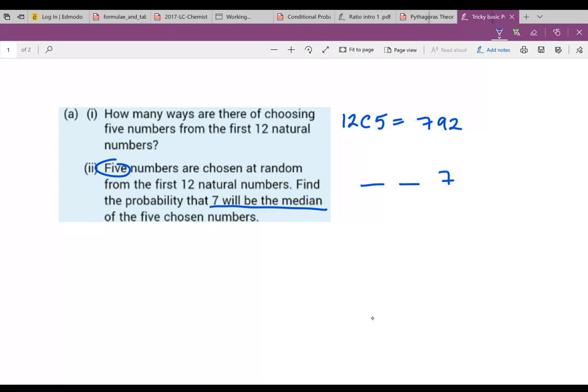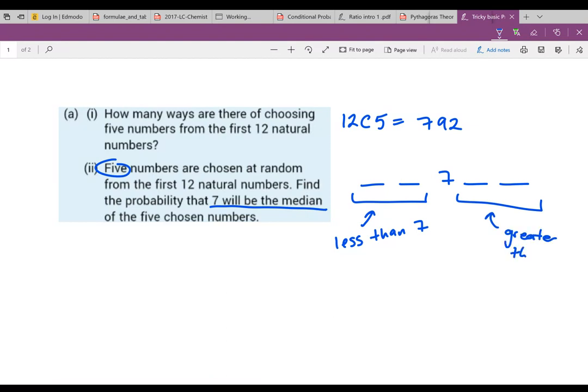If there are 2 numbers less than 7, and 2 numbers greater than 7, that will ensure that 7 absolutely is the median.